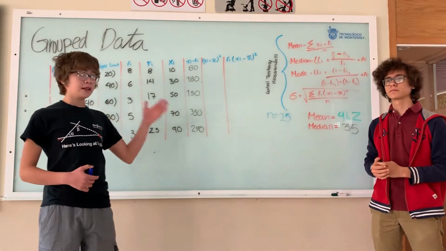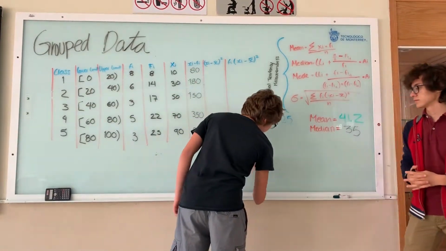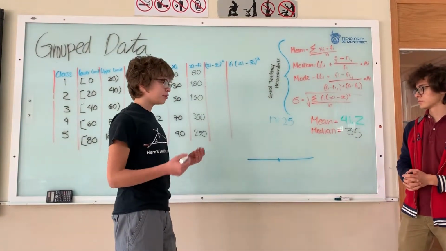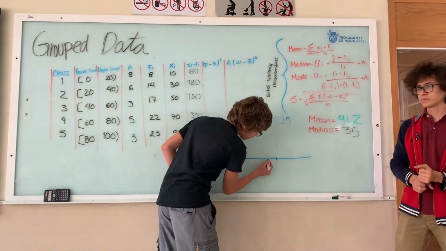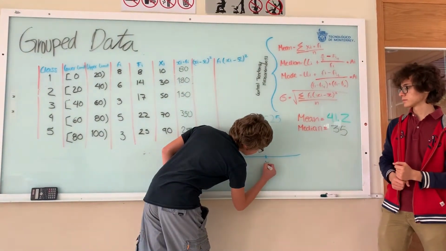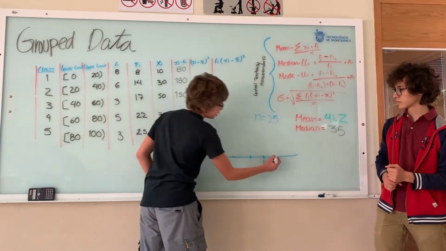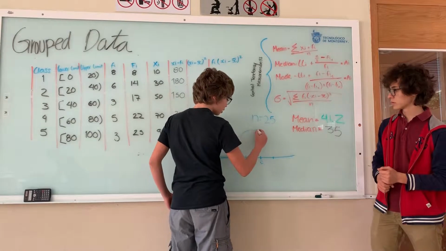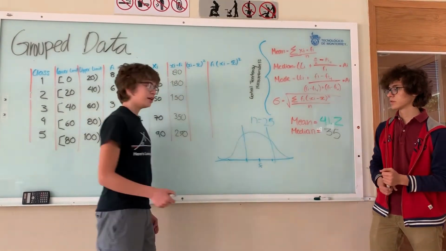Now we're going to calculate the standard deviation. But first, what is the standard deviation? Well, the standard deviation is a special measure that was created a long time ago. When you have the mean here, and you subtract the standard deviation and add 1, approximately 75% of the data will be here.